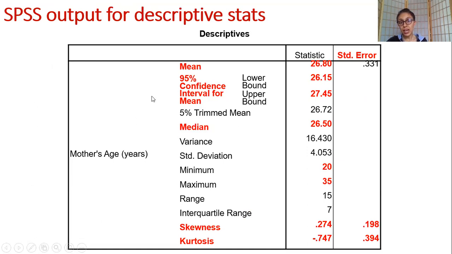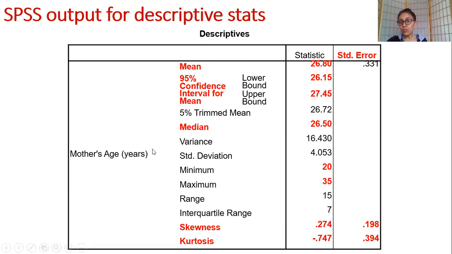In the earlier slide, this is what we have already calculated. This is my variable mother's age. I want to check whether my variable mother's age, which is a continuous variable, because when you are talking about distribution, it is only applicable if your data is continuous in nature, is normally distributed or not. All right.